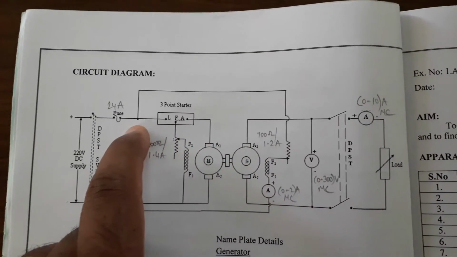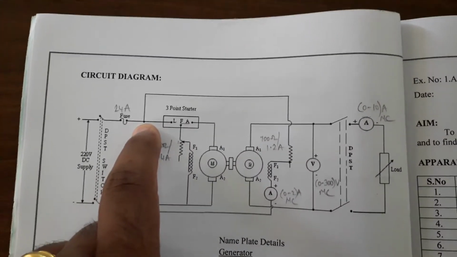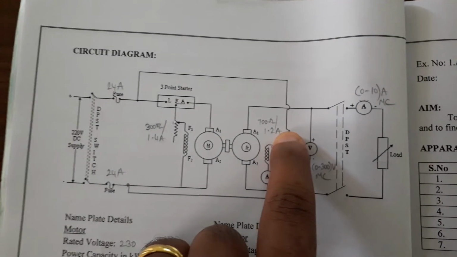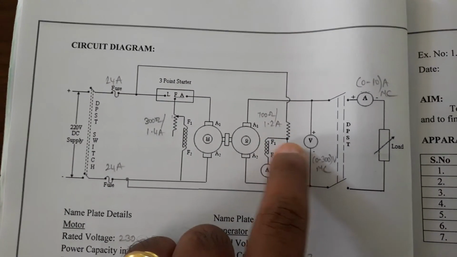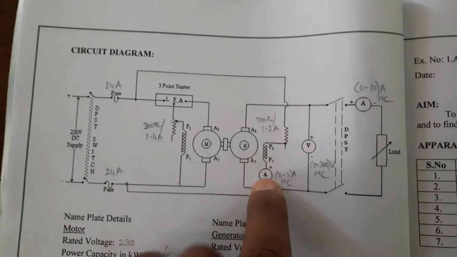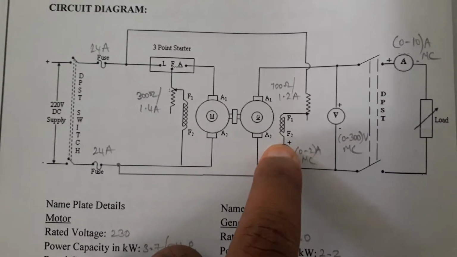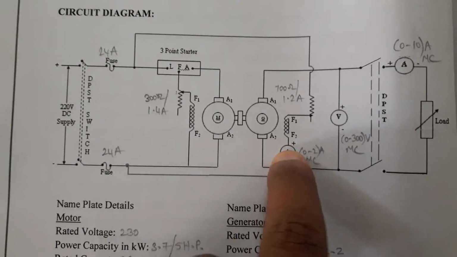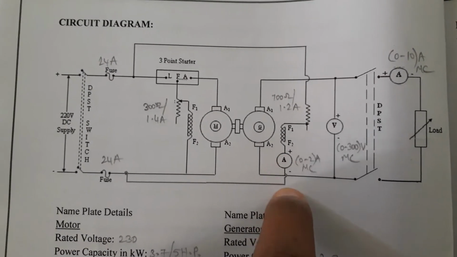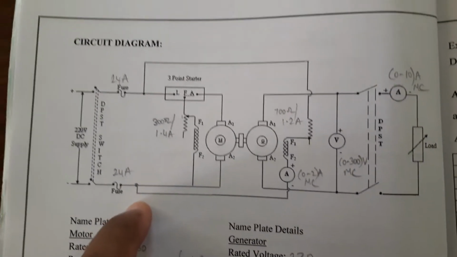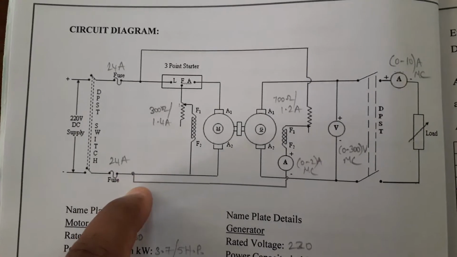From the positive terminal of your DC supply, the input of the rheostat is connected. From the output, field winding 1 of your generator is connected. Then field winding 2 of your generator is connected to the positive terminal of the ammeter, and from the negative terminal of the ammeter the common negative is connected.